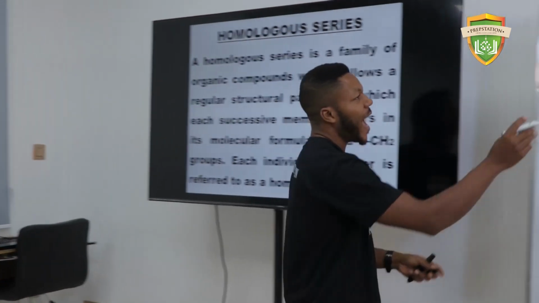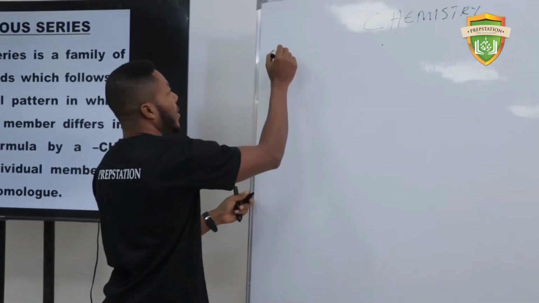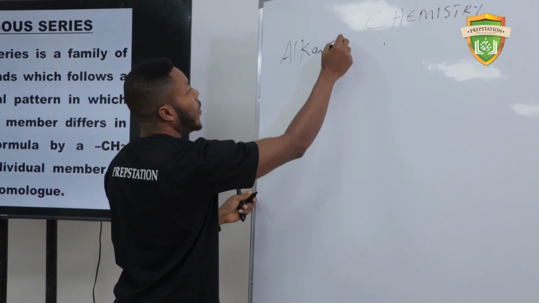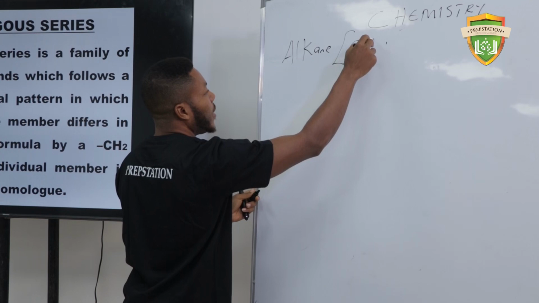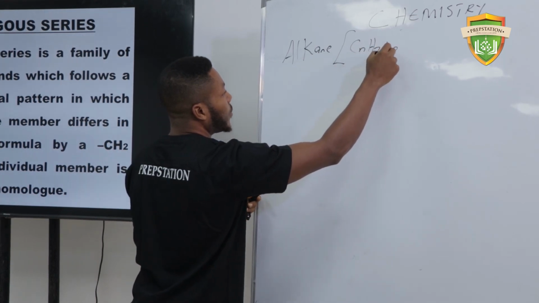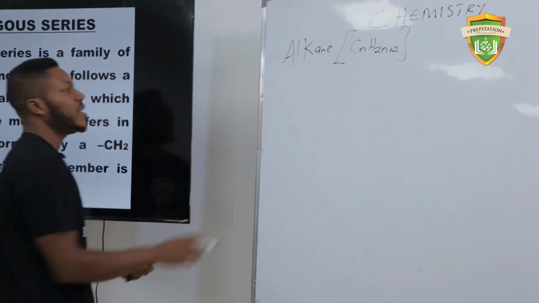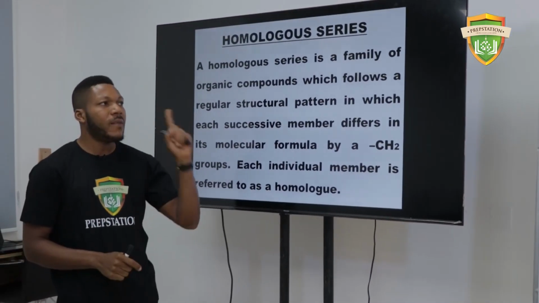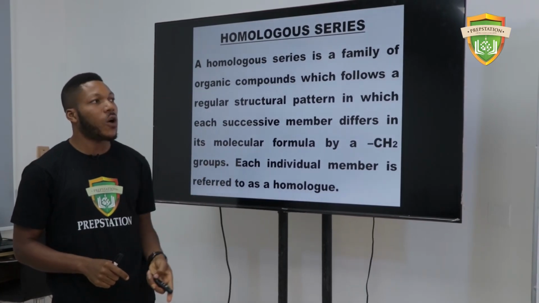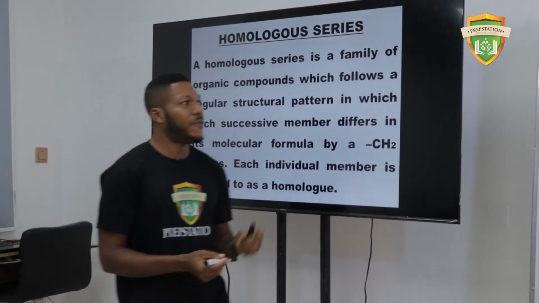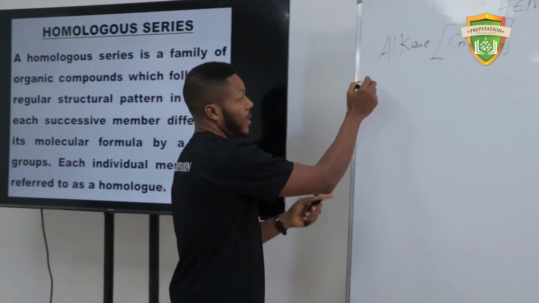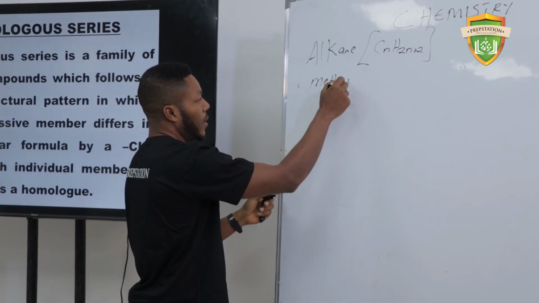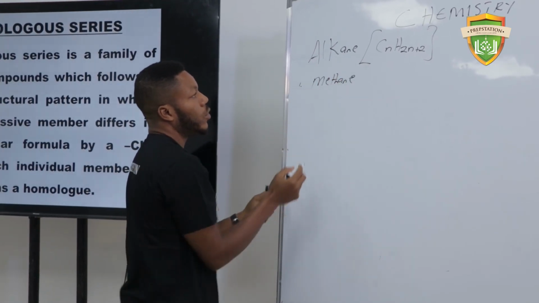For example, I talked of the alkanes initially, that the alkanes can be formed using CnH2n+2. So this is a formula for a homologous series called alkane, and every member of this homologous series is called a homologue. For example, the first member of the alkanes is what we know as methane.